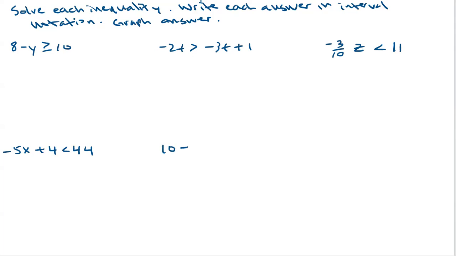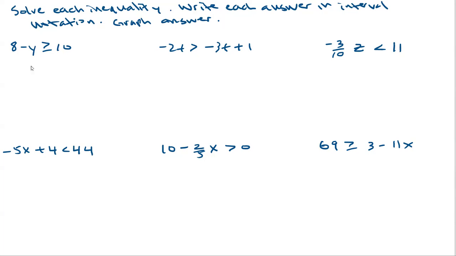We have 10 minus 2/5 x is greater than 0. And then we have 69 is greater than or equal to 3 minus 11x. So let's go ahead and try those and see what you get.